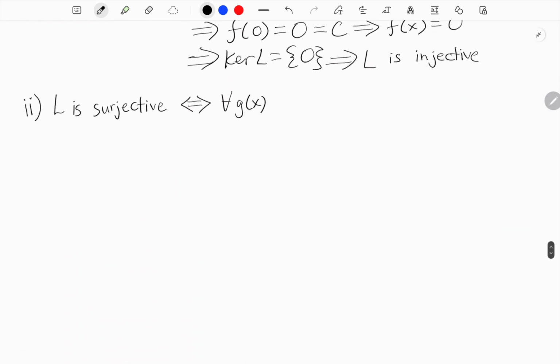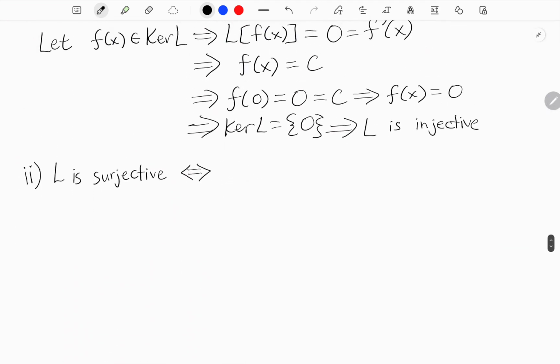So if and only if the range of L, or sometimes people will say the image of L, is equal to V.